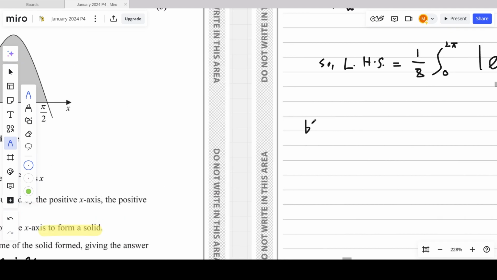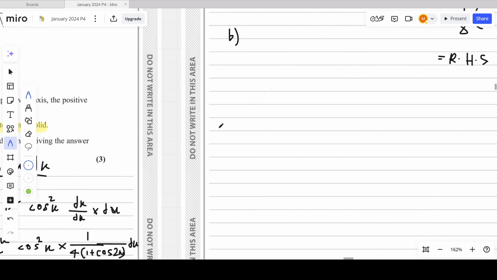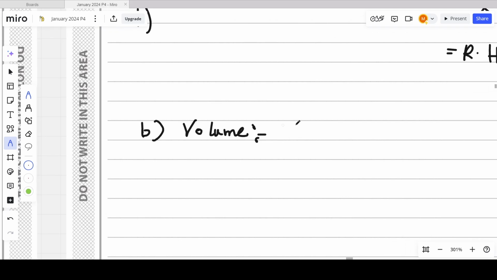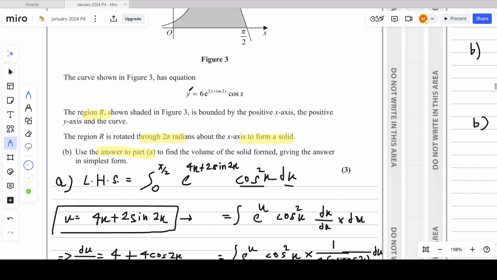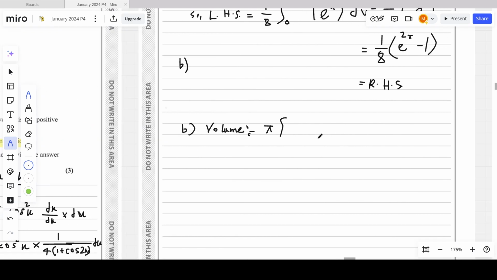So for part B, what's the formula for finding the volume of revolution? Volume would be pi integration y squared dx, right? So y squared in this case is 6 squared, that would be 36.